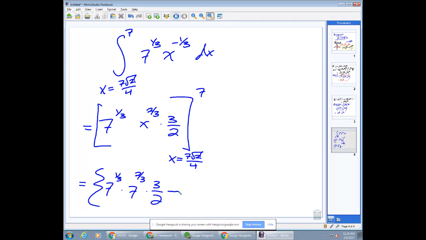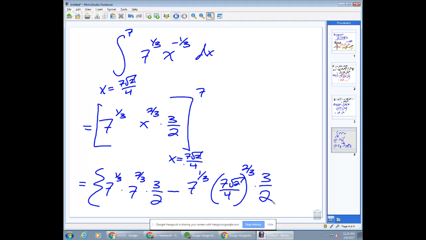Minus 7 to the 1/3 times parentheses 7 square root of 2 over 4 to the power 2/3. All right, times 3/2.